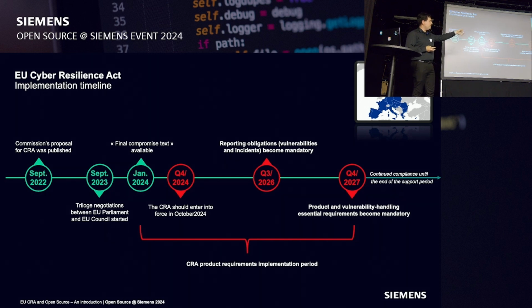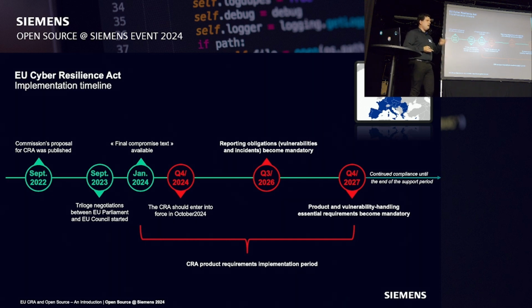So let's say in summer 2026, you will have to comply with the obligation to report exploited vulnerabilities and incidents to your national incident response team and ENISA, and from, let's say, fall 2027, the rest will come into effect.